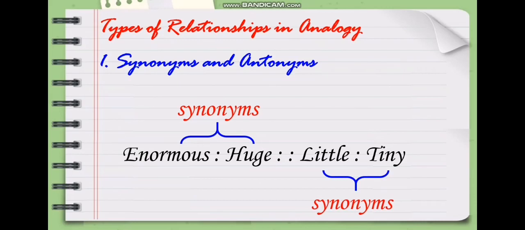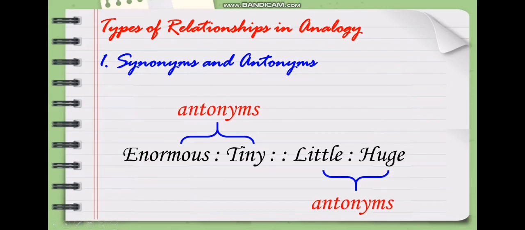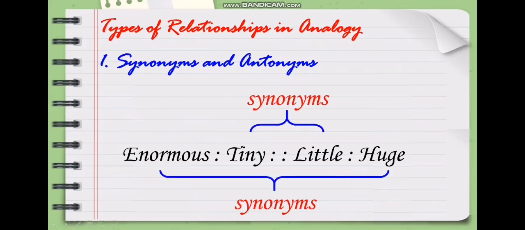Now let us move on to the types of relationships of the words in an analogy. The first on the list are synonyms and antonyms. Synonyms are words whose meanings are the same, while words which are opposite in meaning to one another are called antonyms. Examples of synonyms are enormous and huge.